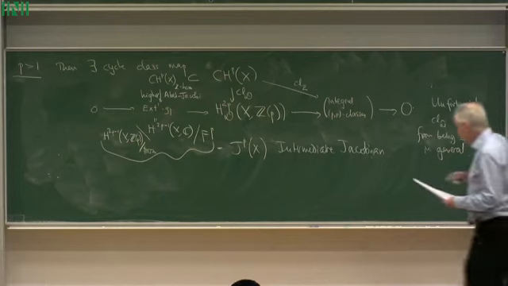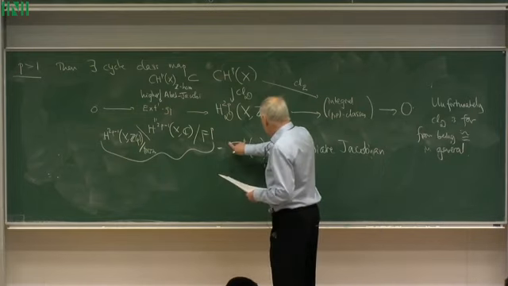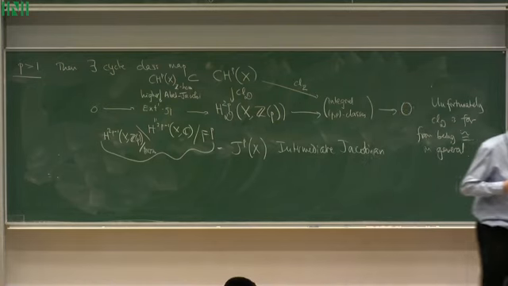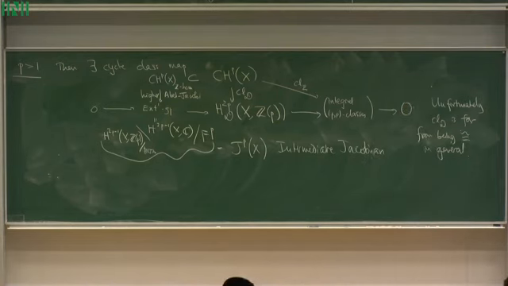One role of this intermediate Jacobian is that Griffiths used it to prove the fact that algebraic equivalence and homological equivalence are in general different.